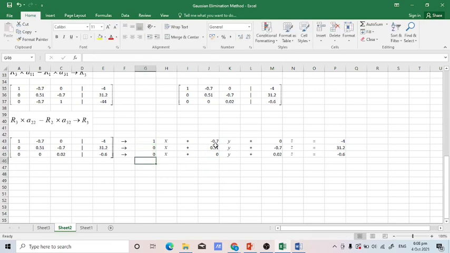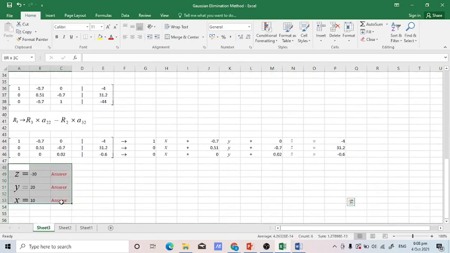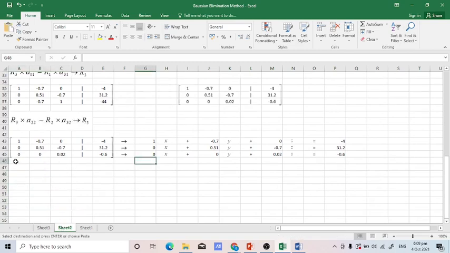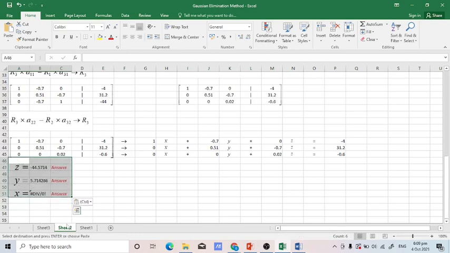Okay. And then, ang mangyayari, solve natin yung x, y, and z using back substitution. So, brain muna natin. So, ano ang z?